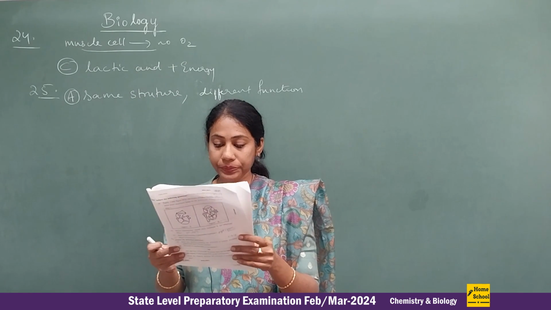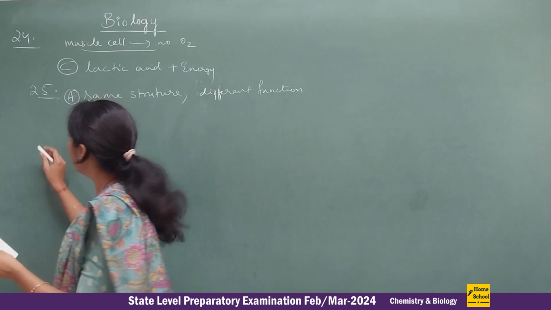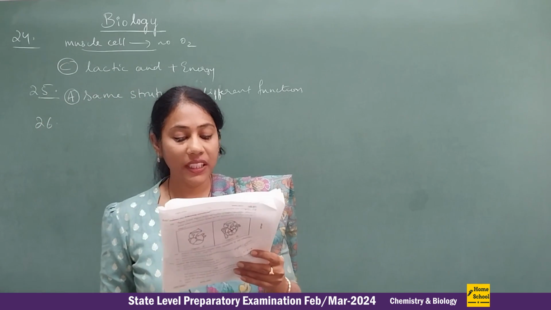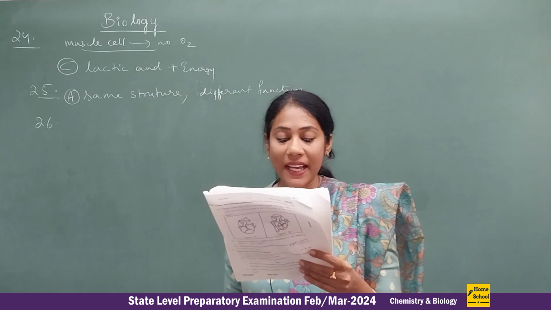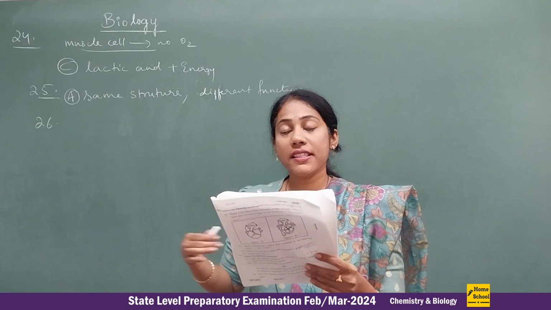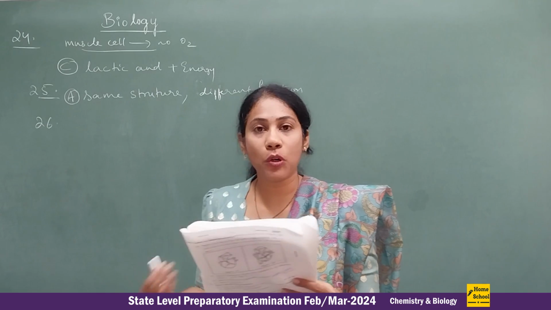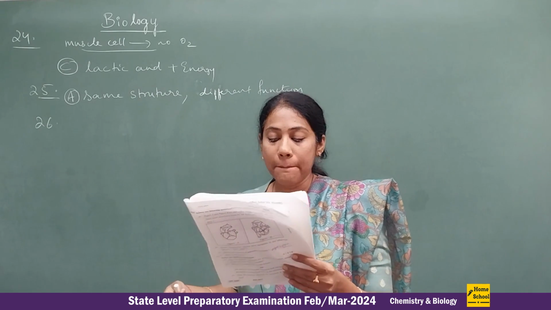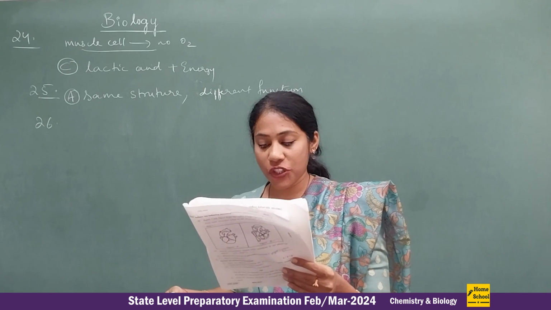Okay. Now coming to the 26th question. The process of transpiration in the plant body. So they are asking what is the use of transpiration in the plant body. 4 options are given. Option A, balances the amount of oxygen and water.